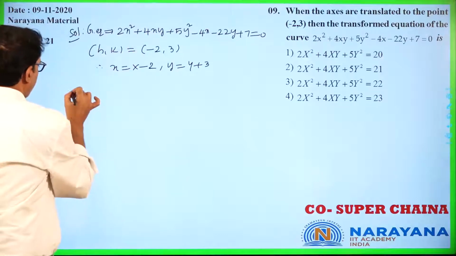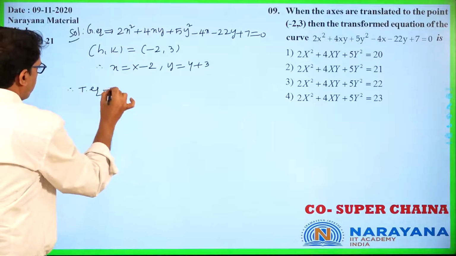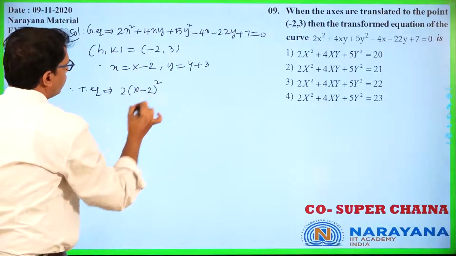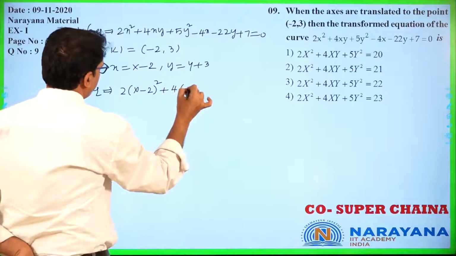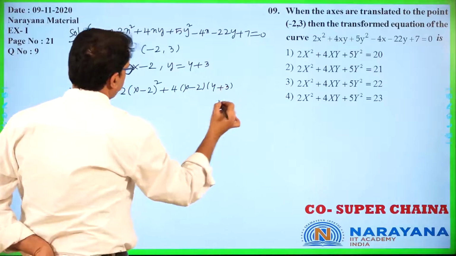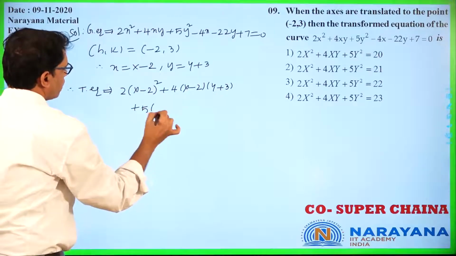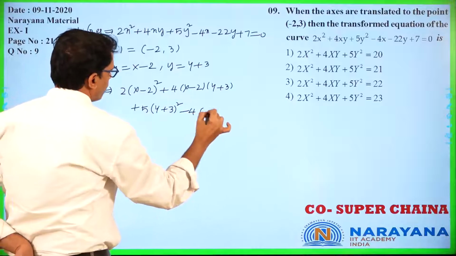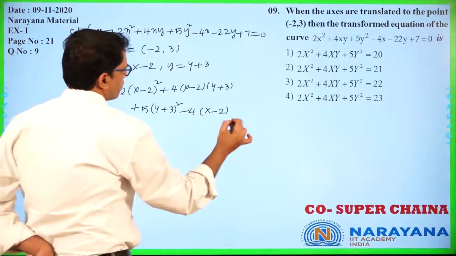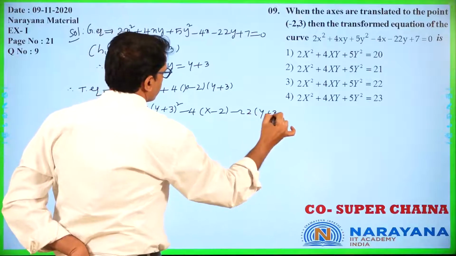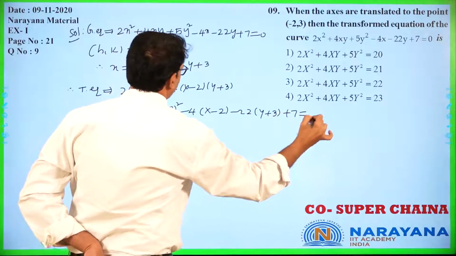Therefore, the transformed equation implies 2 into (x minus 2) whole square plus 4 into (x minus 2) into (y plus 3) plus 5 into (y plus 3) whole square minus 4 into (x minus 2) minus 22 into (y plus 3) plus 7 equals 0.